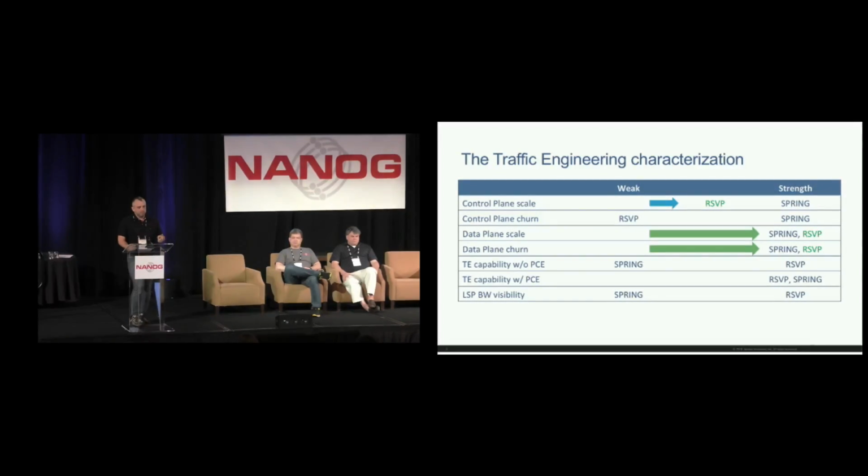However, Pop and Go moves the data plane scale as well as data plane churn, so RSVP becomes on par with Spring. We have the same number of states on the nodes, proportional to the number of neighbors, and we need the same number of operations when the LSP changes as in the case of Spring.